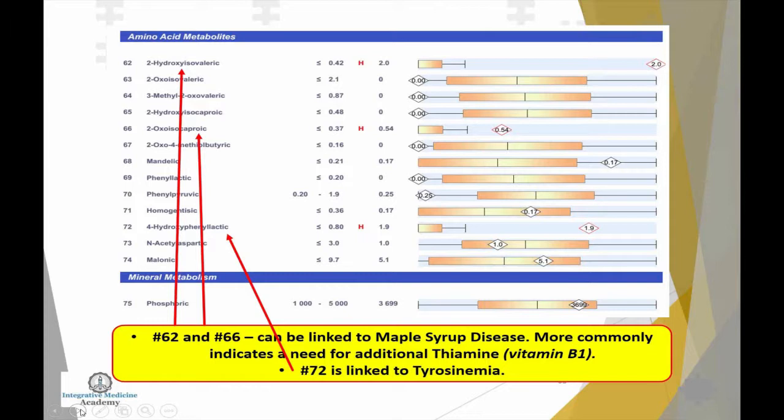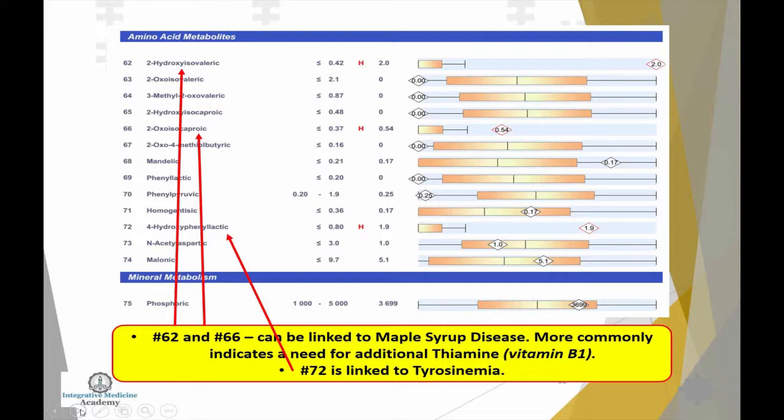And in most cases, like we're seeing here, 62, 66, you're dealing with somebody who's thiamine deficient. Okay, vitamin B1. In fact, this particular test came from somebody who, and this can happen in people who consume a lot of alcohol, which tends to deplete nutrients in the body anyway.